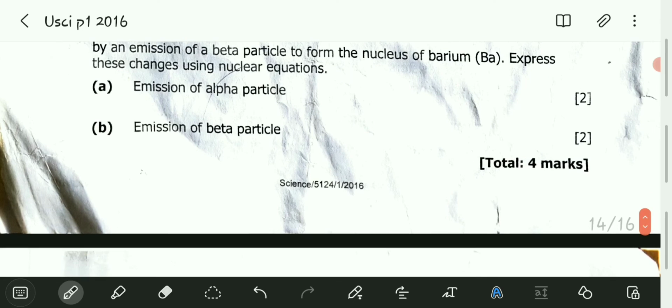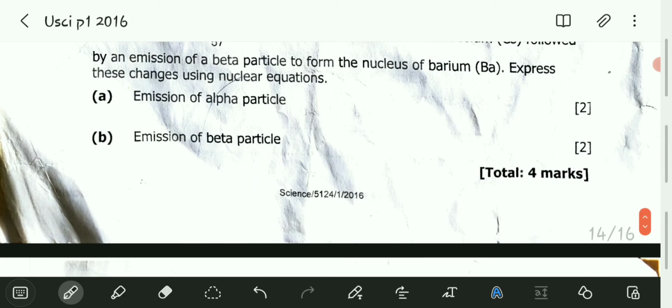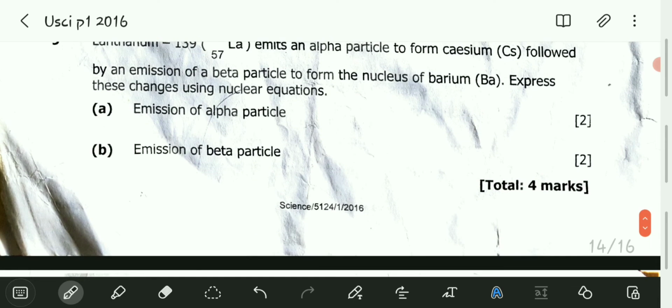So, allow me first to explain alpha decay.